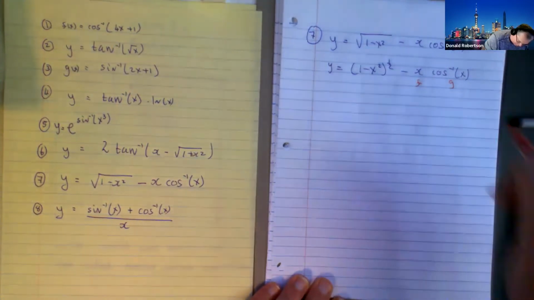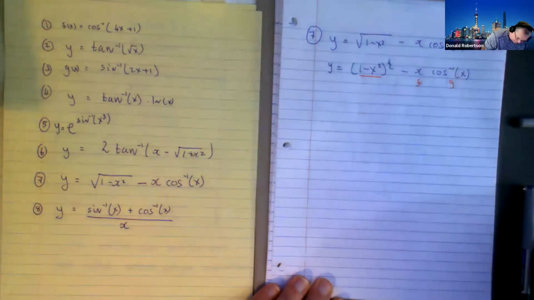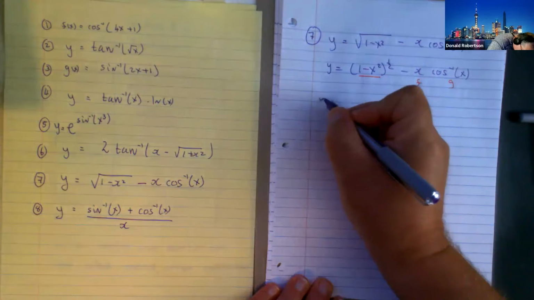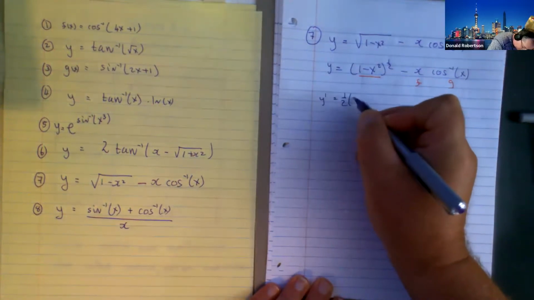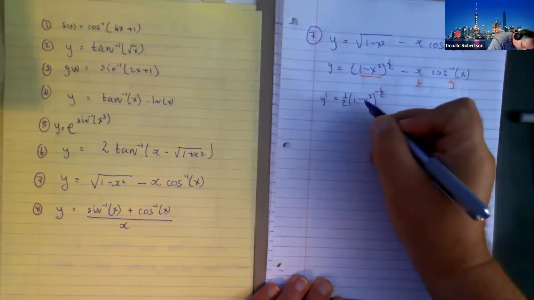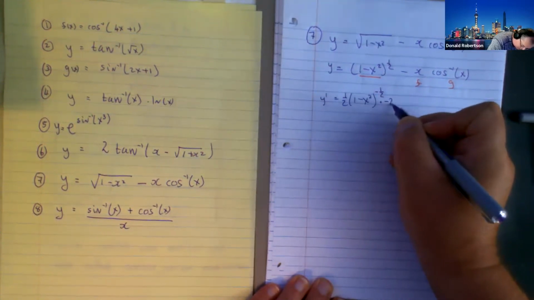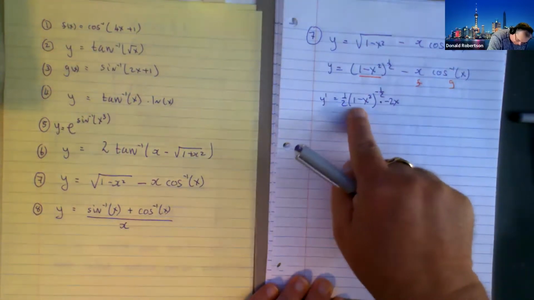This is going to be a product rule. And this guy's just going to be a chain rule. So multiply by the power, reduce the power by 1, and then finish it with the derivative of the inside function.